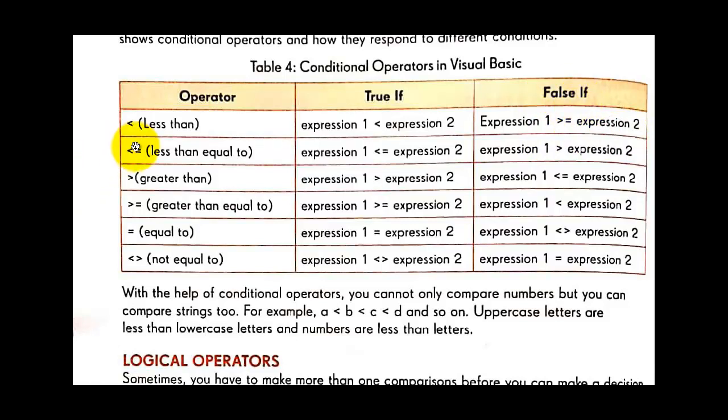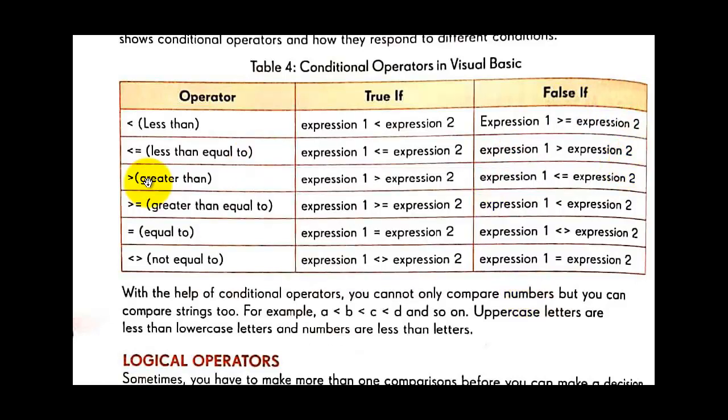Likewise, in less than or equal to also, if expression 1 is less than or equal to expression 2, it will return the value true, because that is the condition here. But it will be false if expression 1 is greater than expression 2.